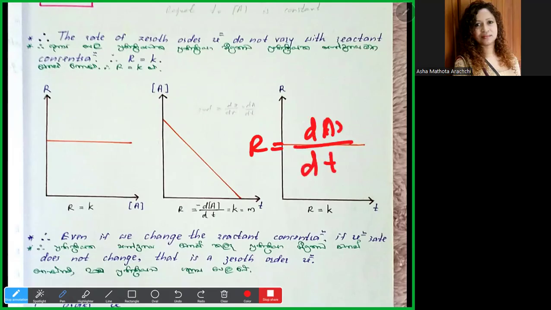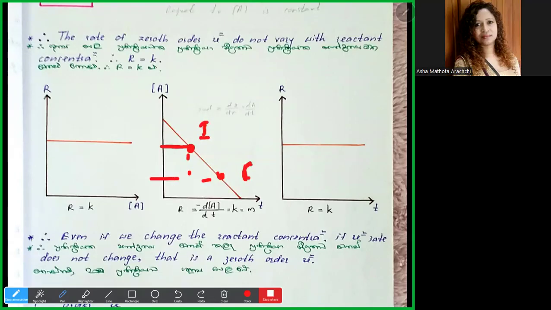Let's say this is a plot of A, like Y2 minus Y1. If I take two points, the initial and the final, this is the concentration difference, and along here is the time difference.